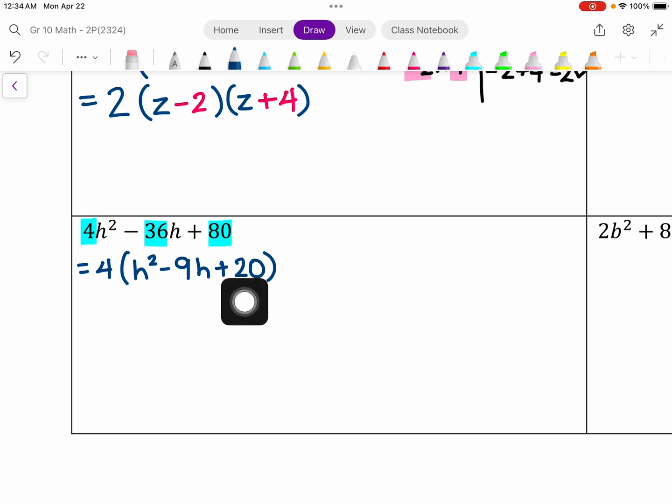Because this c is positive, I'm going to be looking for factors that add to 9. And because it's a negative 9, they're both going to be negative numbers. So I'm looking for things that multiply to 20 and add to a negative 9.